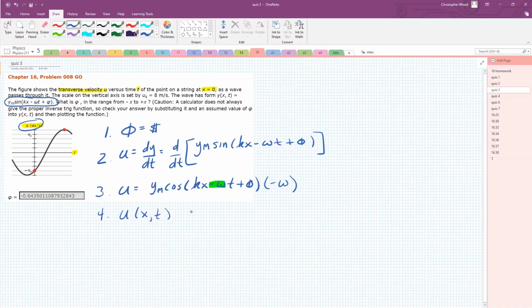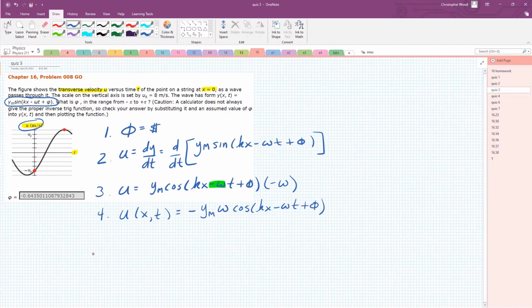It's a space-time function, equals negative y sub m omega cosine of kx minus omega t plus phi. So far, so good.